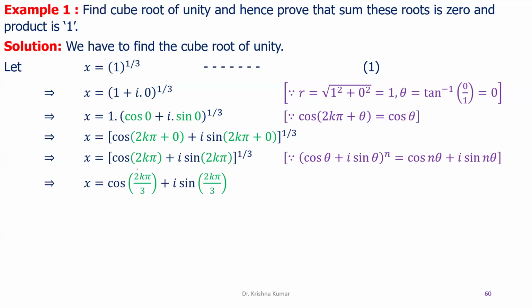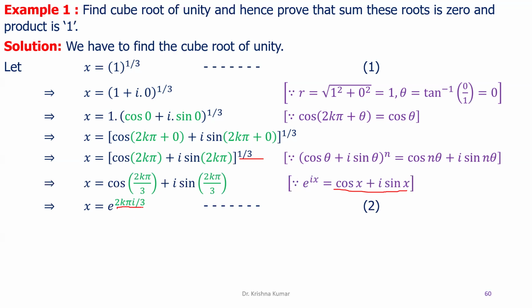Which implies x is equal to cos 2k pi upon 3 plus i sin 2k pi upon 3, because 1 by 3 multiplies with 2k pi. But again we know that cos x plus i sin x is equal to e to the power ix. So this can be written as x is equal to e to the power 2k pi i upon 3.